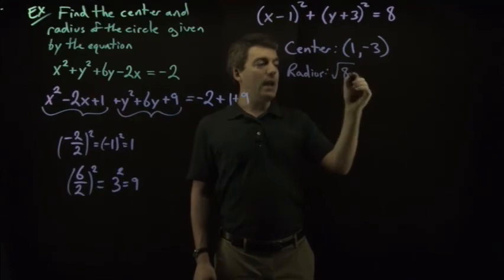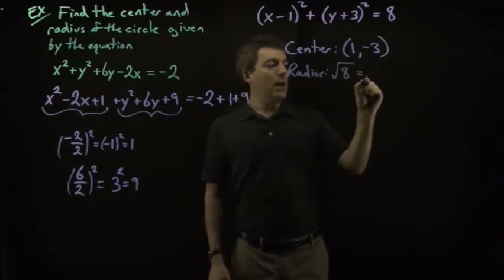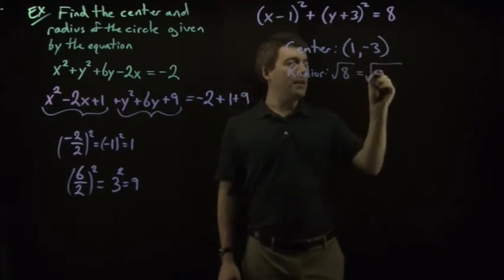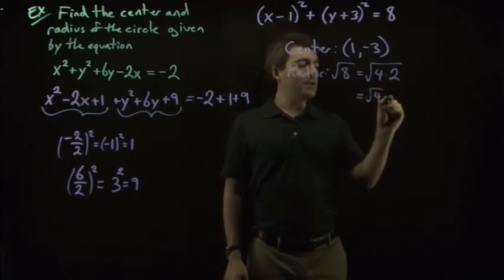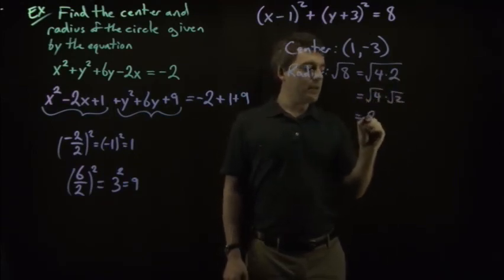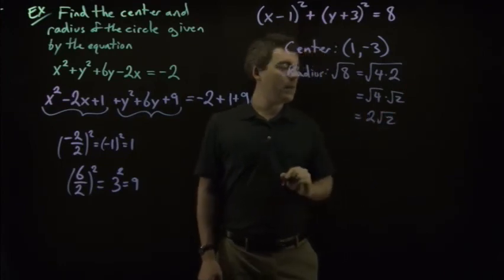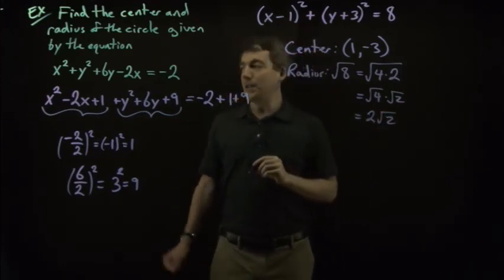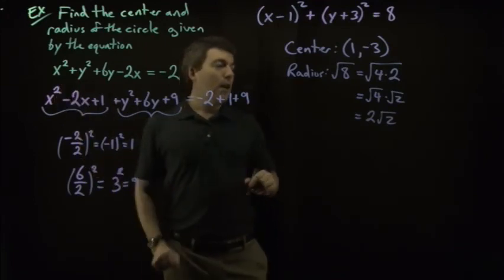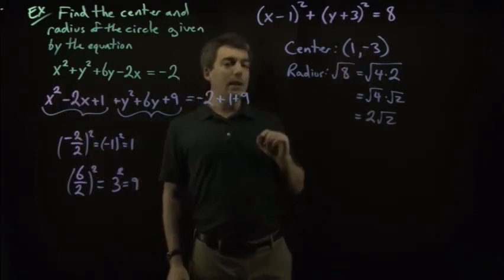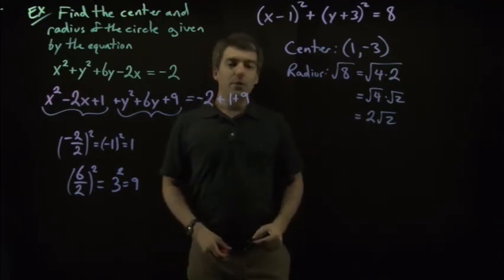So the square root of 8. And we can take 8 and write it as 4 times 2. Square root of 4 times the square root of 2 is 2 square root of 2. All right, so this equation determines a circle with center 1, negative 3, and radius 2 square root of 2.